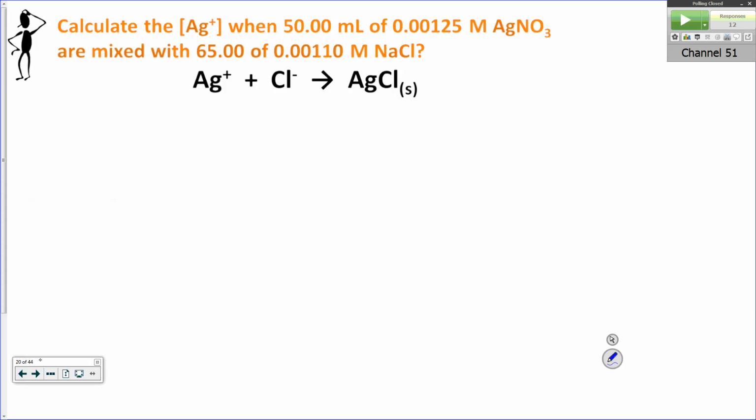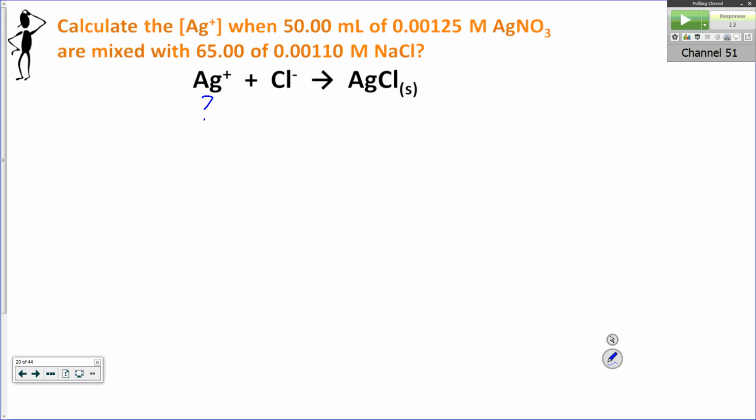Now what we're switching to is looking at a different type of analysis. This is a metal analysis, and this is a precipitation titration. I've got a certain volume and concentration of silver nitrate, and you're mixing it with a certain volume and concentration of NaCl. So I'm simply wanting to find out how much silver is there.